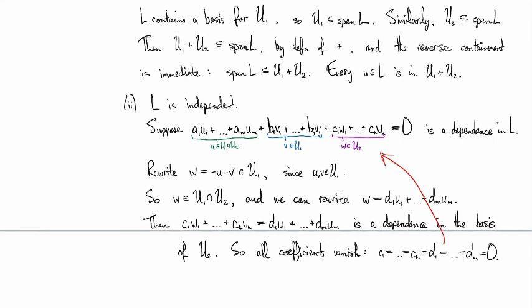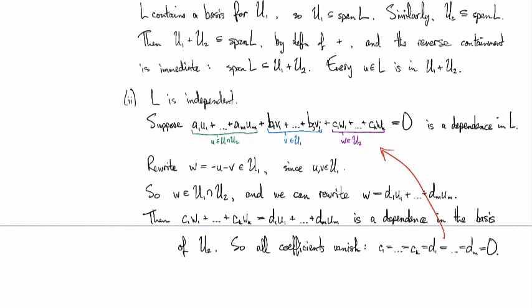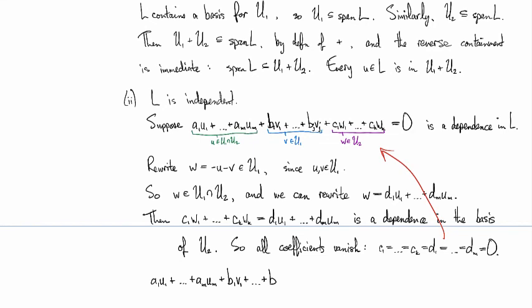So if I rewrite that equation, now I have a1 u1 plus up through am um, b1 v1 up through bj vj, and then all the c's are equal to 0, and that's equal to 0.